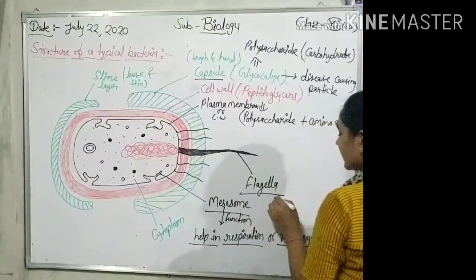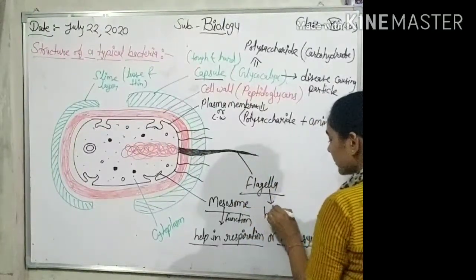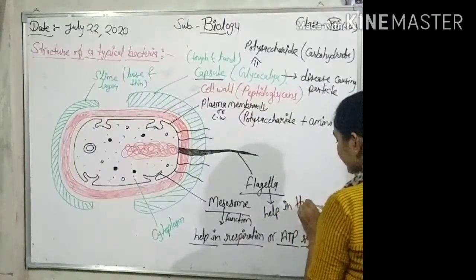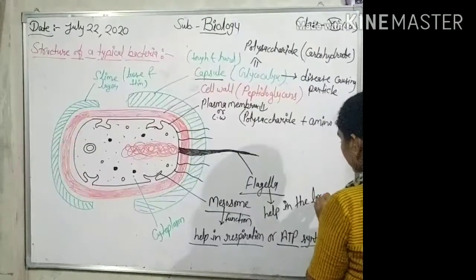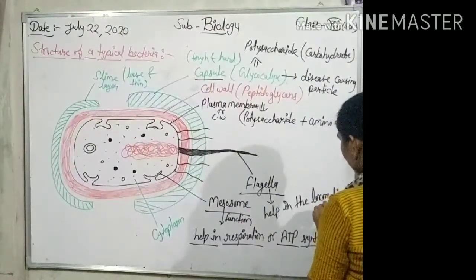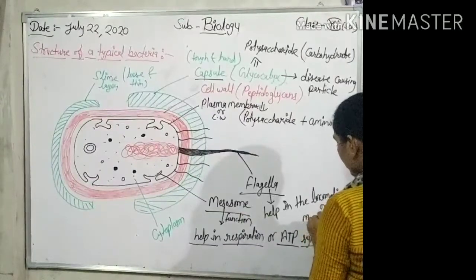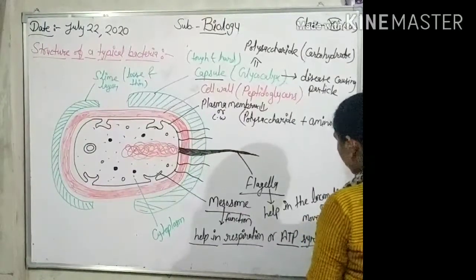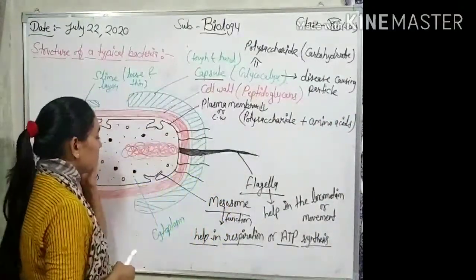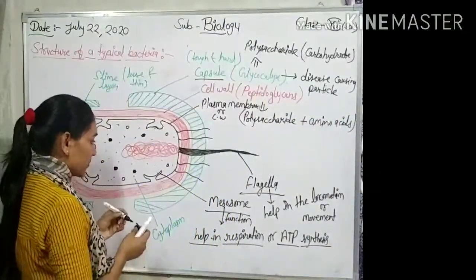Flagella help in locomotion. Locomotion means movement. So with the help of flagella in bacterial cells, movement is possible.